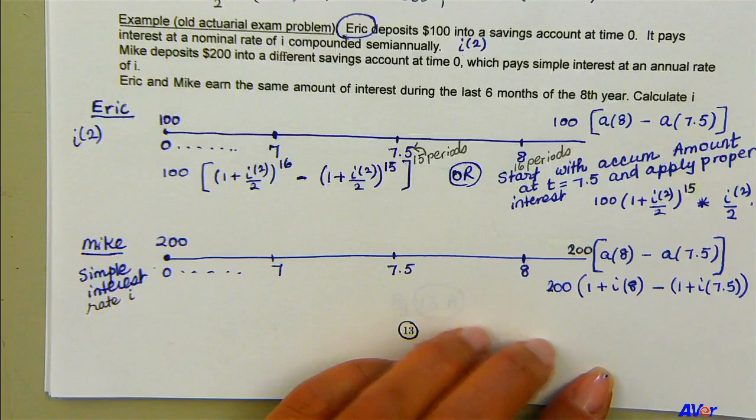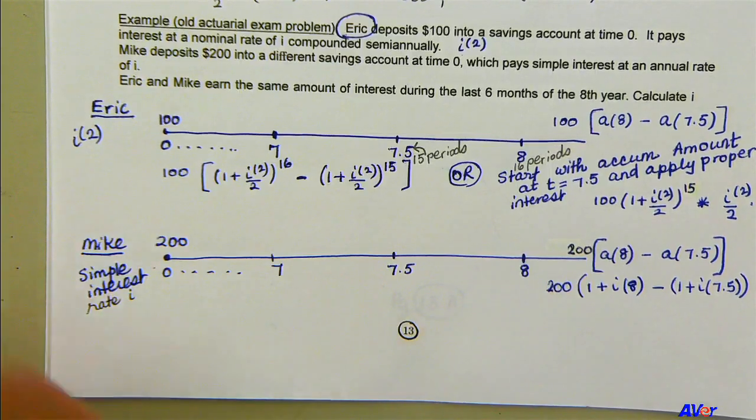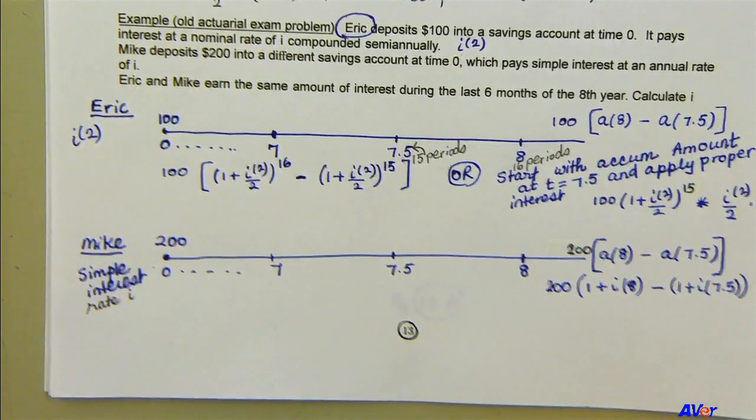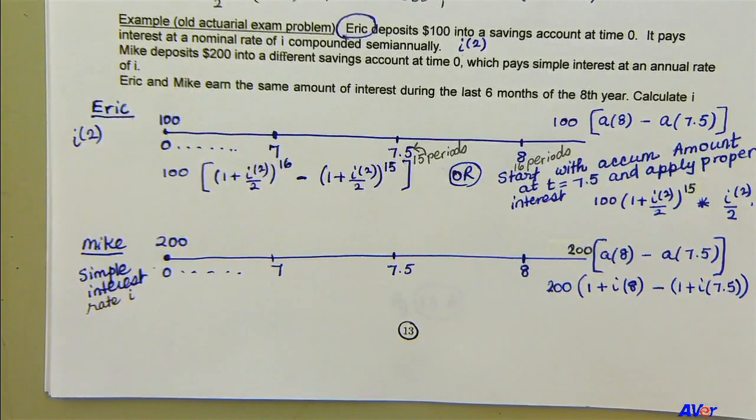The other way to do it is to say that he is earning an interest rate of I for 1 year, the same I on his original capital, because this is simple interest. So for half a year, he will earn half of I. Right?